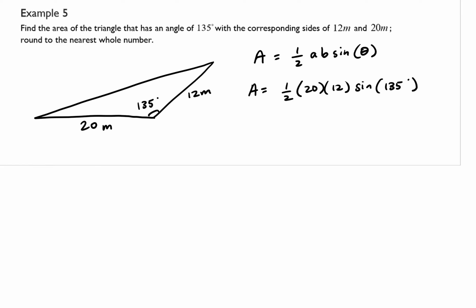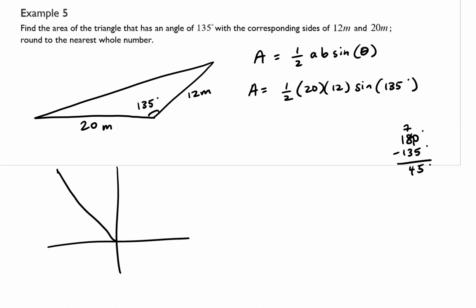Now, I'm going to use a calculator in just a moment, but before that, 135 degrees is one of our special angles, because 180 degrees minus 135 degrees is 45 degrees. So that's going to end us up right here. We have a reference angle of 45 degrees there, and we know that this angle is 135 degrees.